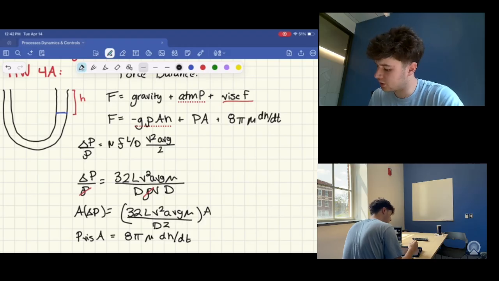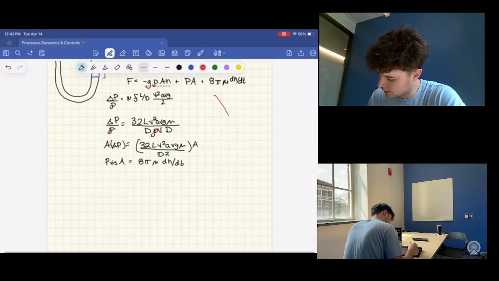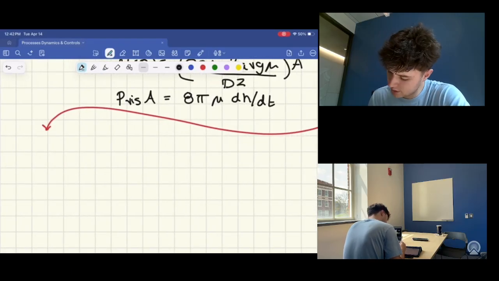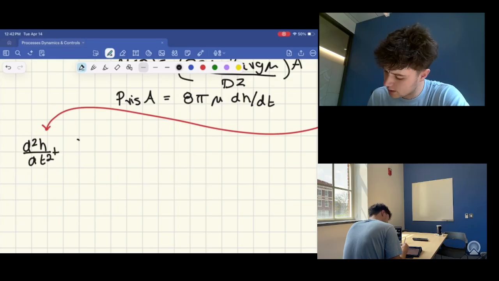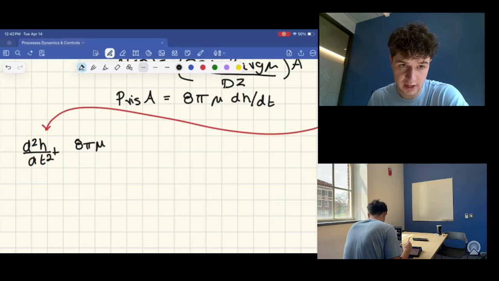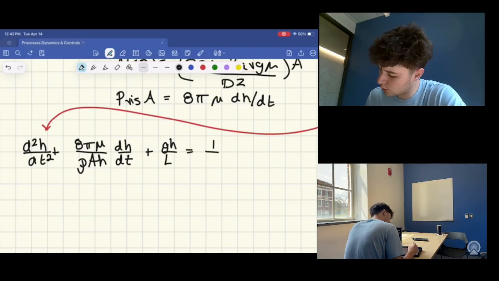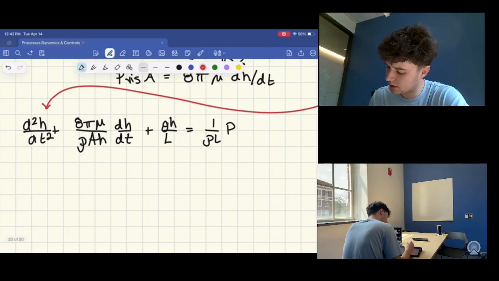So now that we have this equation here, we are going to rewrite it in simpler terms, which I'm going to go all the way down here. And you arrive at the equation d squared h over dt squared plus that 8 pi mu over rho A times dh/dt plus your gravity times your height over your length equals 1 over rho L times P.